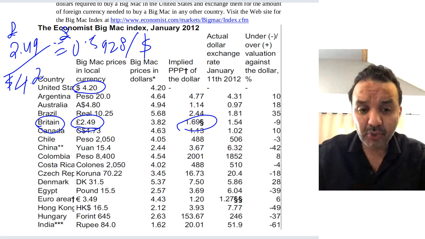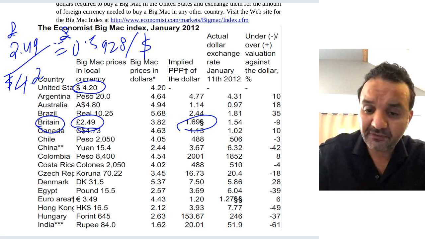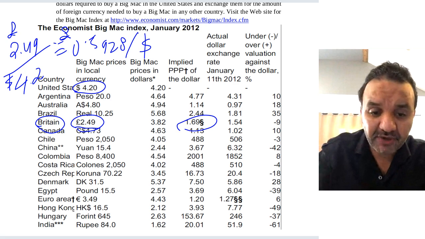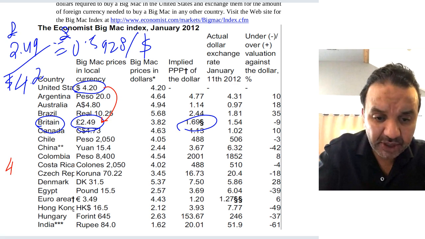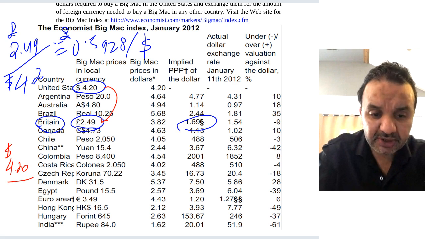Can we do it the other way? Yes. What do I mean by this? What if we divide 4.20 by 2.49? So 4.20 US dollars divided by 2.49.